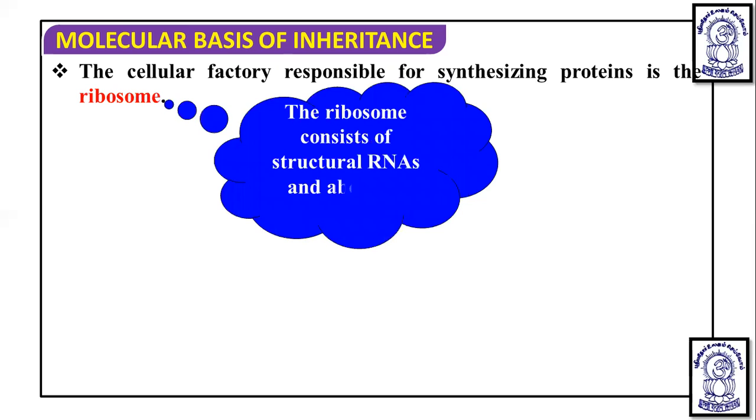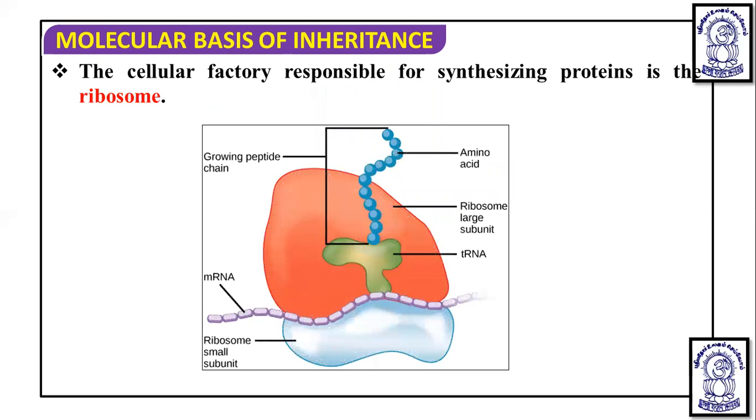The ribosome consists of structural RNAs, that is rRNAs, and about 80 different proteins. As you can see in this structure, this is the large subunit of ribosome and this is the small subunit of ribosome, and in between this mRNA is present, and this is the tRNA over which the growing polypeptide chain is added. It is a schematic diagram.